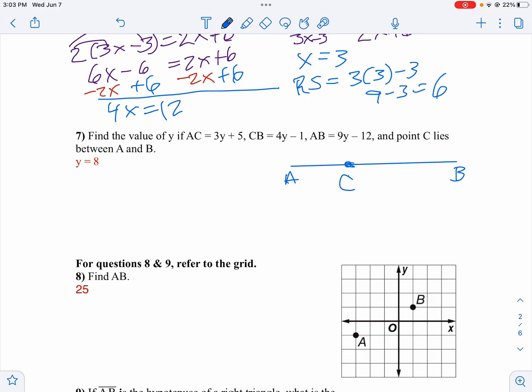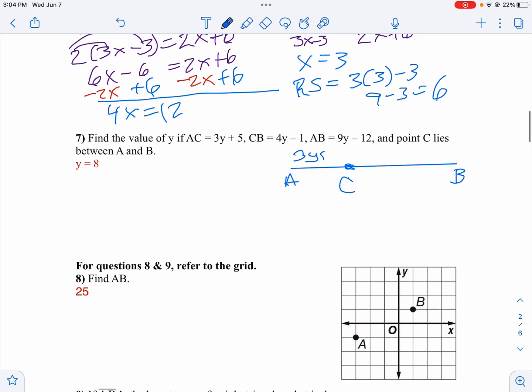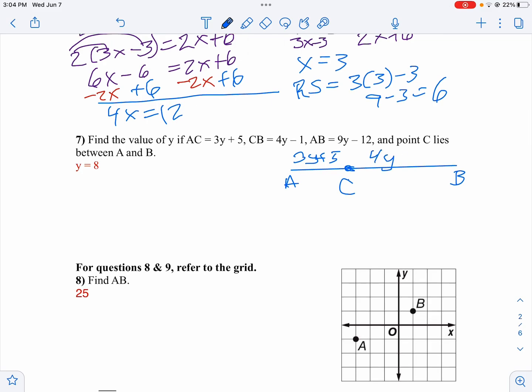I don't know where, but now I know A to C is 3y plus 5. I know C to B is 4y minus 1. And I'm told A to B is 9y minus 12.